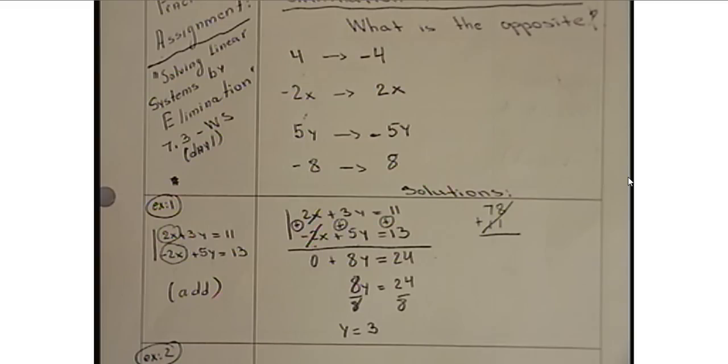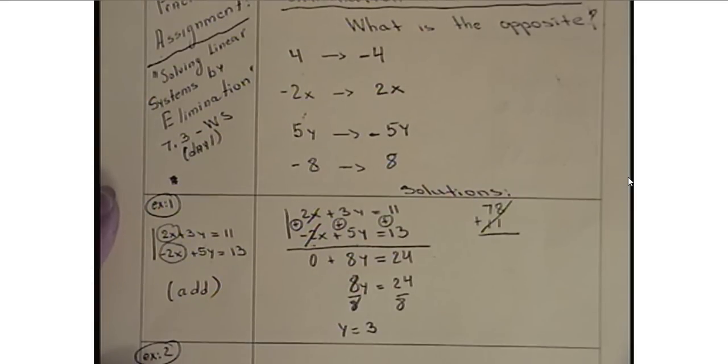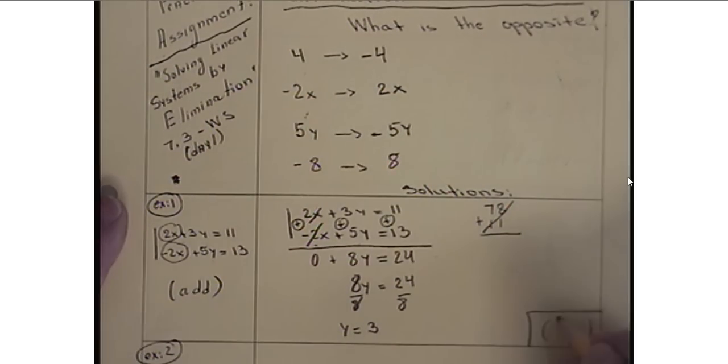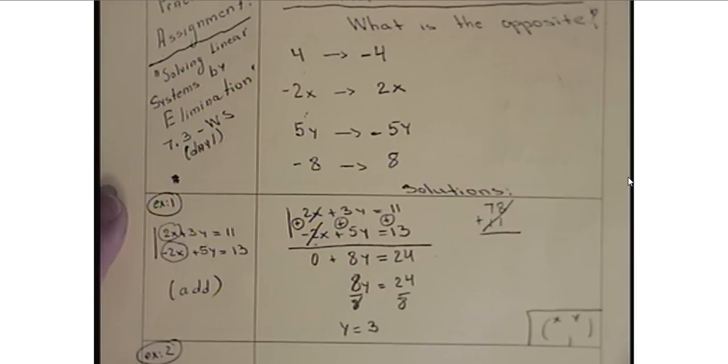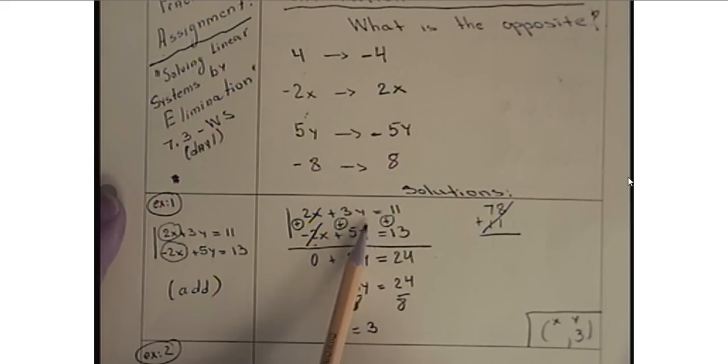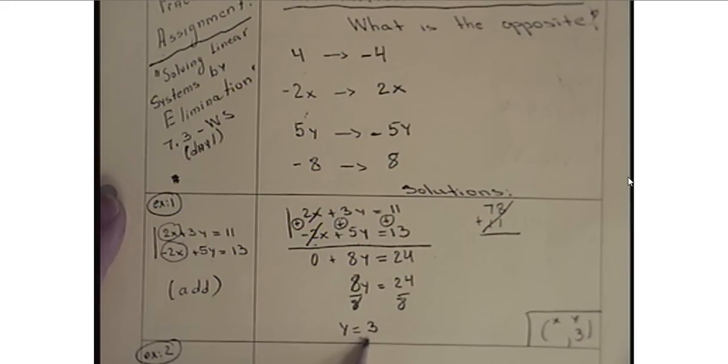Remember, when we are looking for the solution of the system, the solution is always the coordinates of a point, x and y. So in this case, we just got the y coordinate, and the y coordinate equals 3. Now you can choose either one of those two equations to substitute y with 3 and solve for x. It doesn't matter which one.